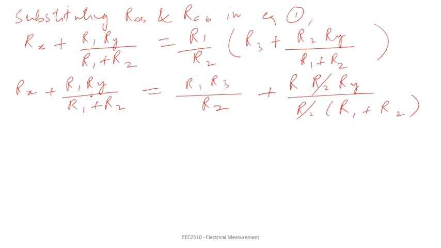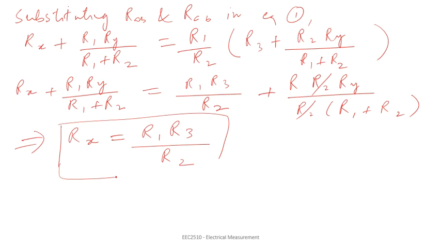The same factor is present on the other side of the equation as well, so this will also get cancelled. So you will get Rx equals R1 R3 over R2. This is the same equation as we got for a Wheatstone bridge in the previous lecture, where Rx is the unknown resistance measured in terms of R1, R2 and R3. This is the usual Wheatstone balance equation.